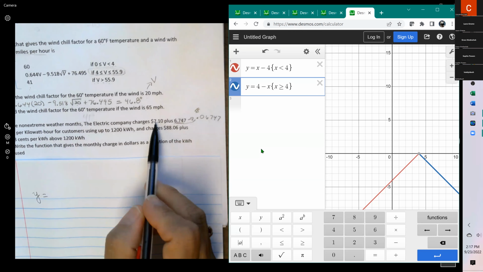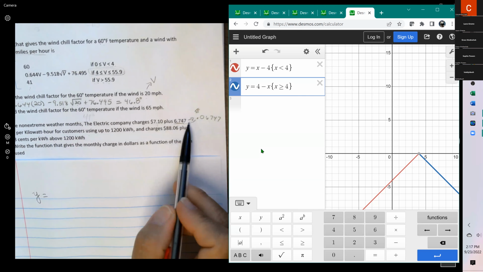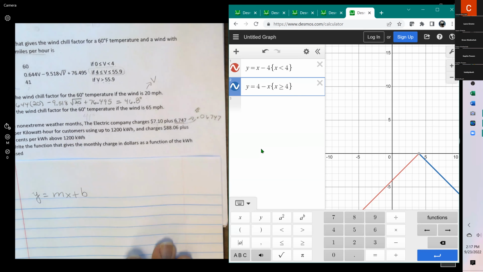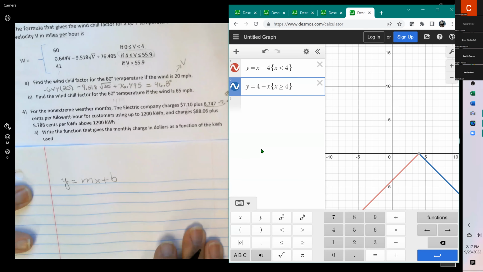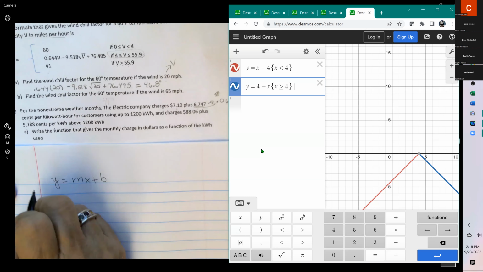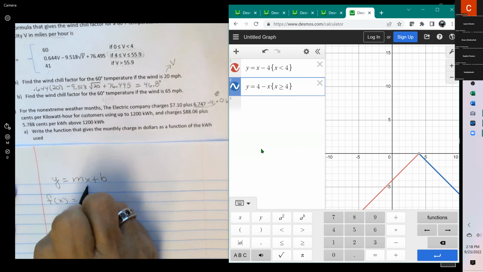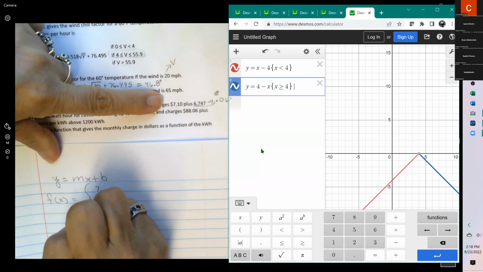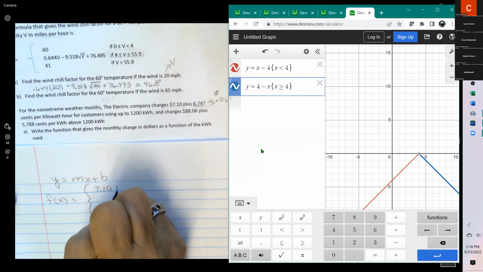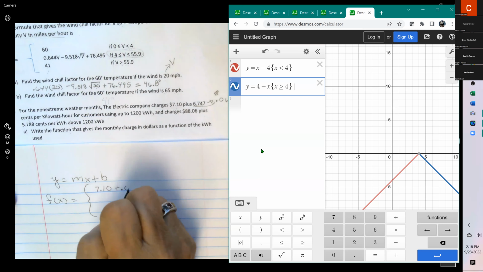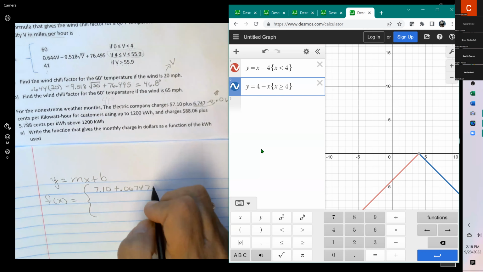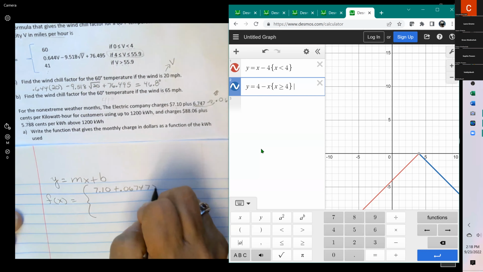We have a fixed cost and a rate. Y equals mx plus b. So our first equation is $7.10 plus 0.06747 per, and then it's up to you if you want to use x or k for kilowatt hours.